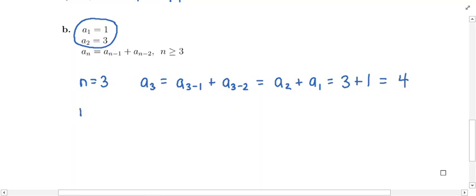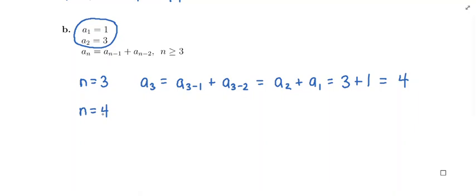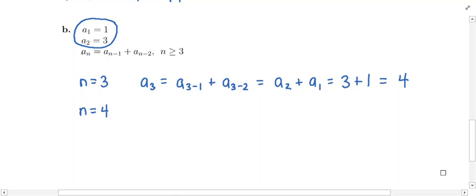To get the fourth term, we're going to let n be 4. Go to your formula, pop in n equals 4 everywhere you see an n. So read the recipe. an, that's going to be a4, the fourth term, is equal to a, the subscript is going to be n minus 1, so 4 minus 1, plus the next a, the subscript on it is going to be n minus 2, so 4 minus 2.